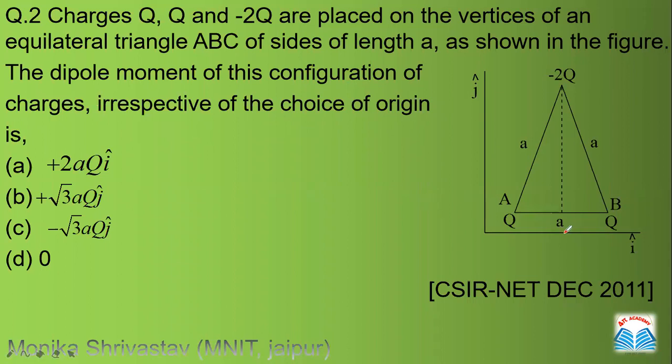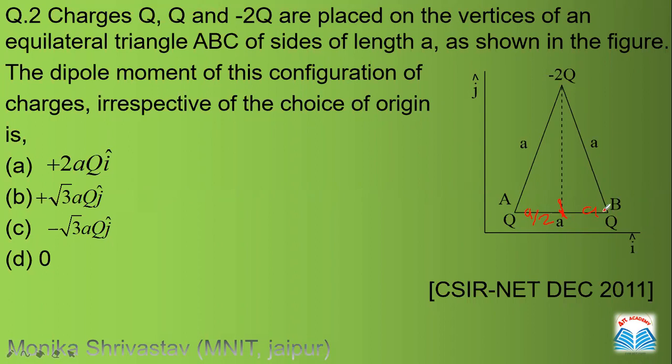So just choose an origin between two similar charges, here these plus q and plus q charges. So I am choosing this point as my origin. Just look carefully. If this side has whole length a, then this will be a by 2, and again this will be a by 2.